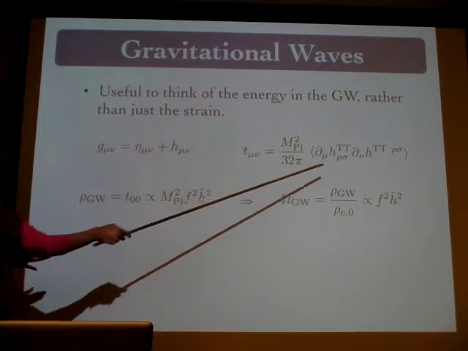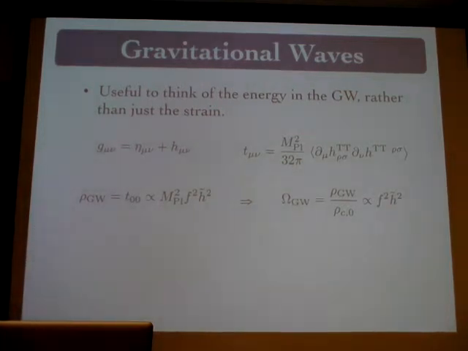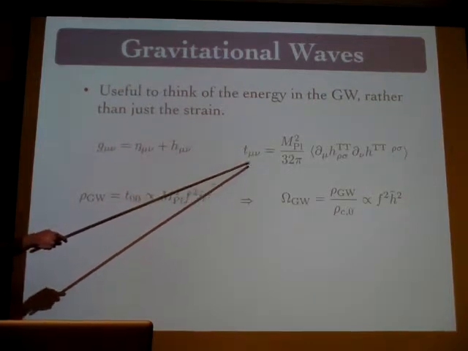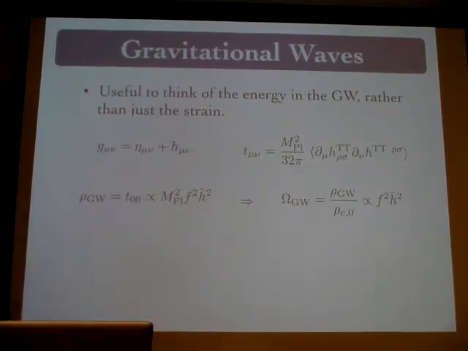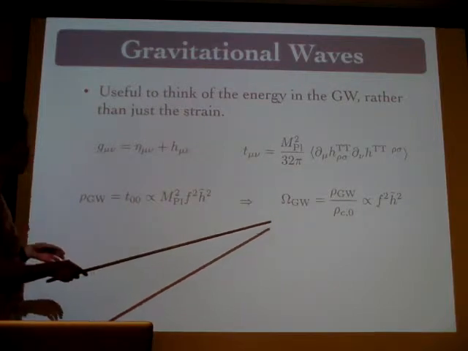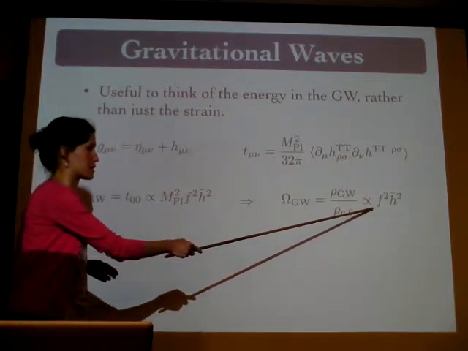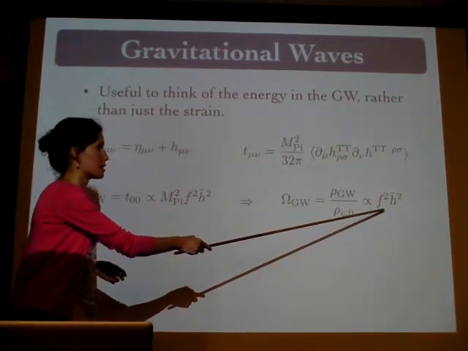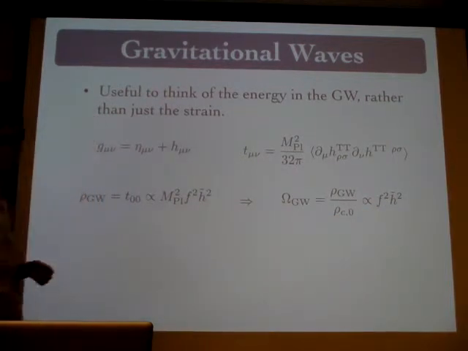And here we're just writing it in a particular gauge, the transverse traceless gauge. The 00 component of this tensor will tell us about the energy density in gravitational radiation. And if I normalize this energy density to the critical energy density of the universe, then we find out that this scales like the frequency squared of the wave times the strain squared of the wave. So obviously more frequency, more energy, more strain, more energy.